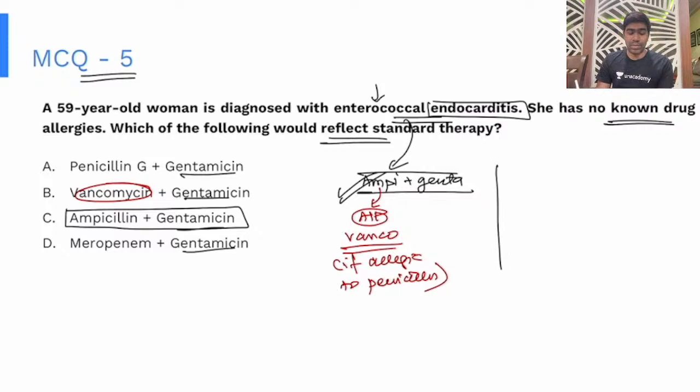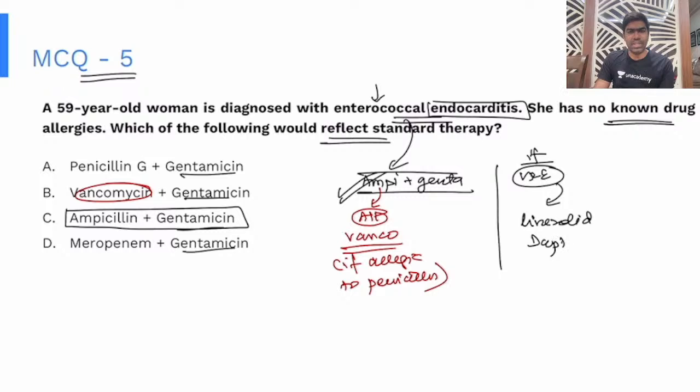In case Prithvi is asking about daptomycin, linezolid, can we try or not? You can try, provided the culture reports come as vancomycin resistant enterococcus. In case the patient is having a vancomycin resistant enterococcus, then you can probably try linezolid or daptomycin.